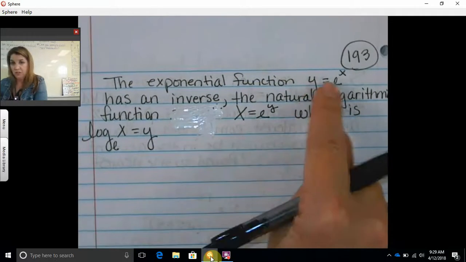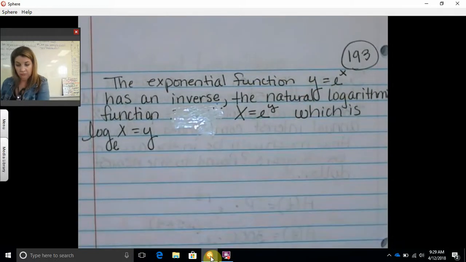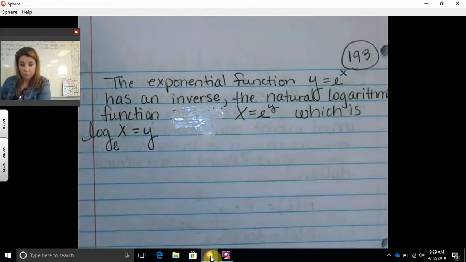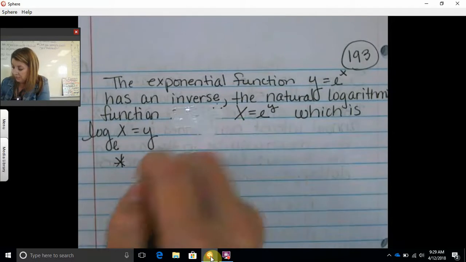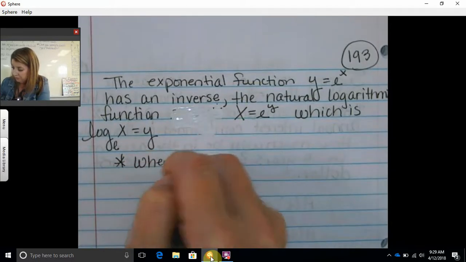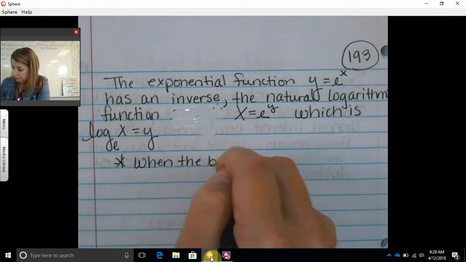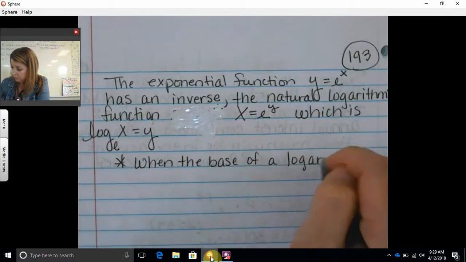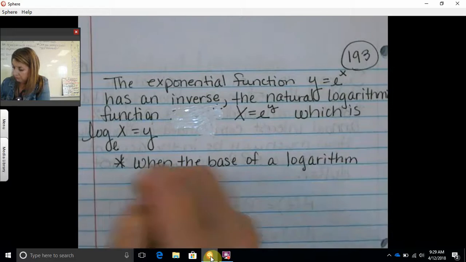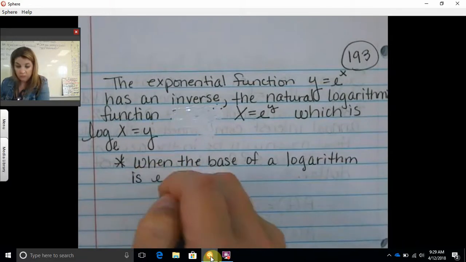This is an exponential function. When the base of a logarithm is e, we call it a natural logarithm.